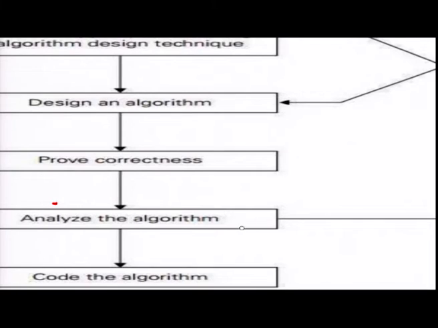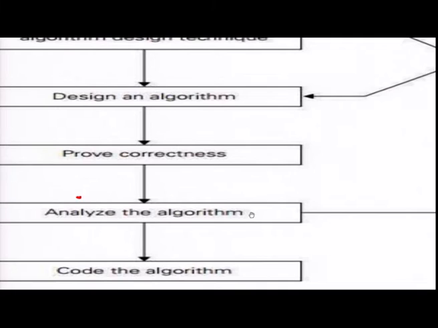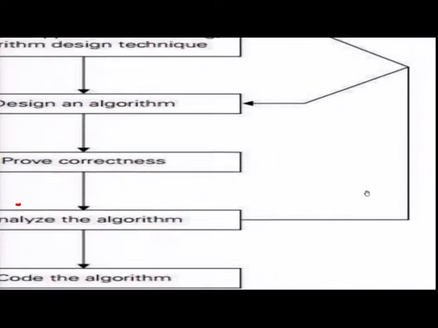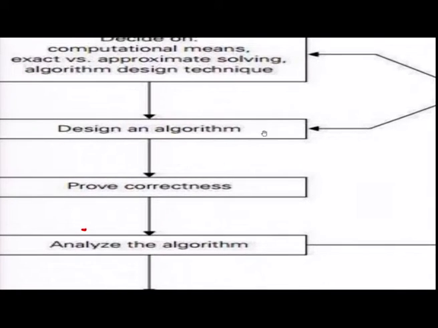Or else, if it is found to be wrong, if you think it is not so effective, then you go back to the previous position and again start with the computational means, find out the exact and approximate solving technique, find out the exact algorithm design technique to be used, and start designing the algorithm.